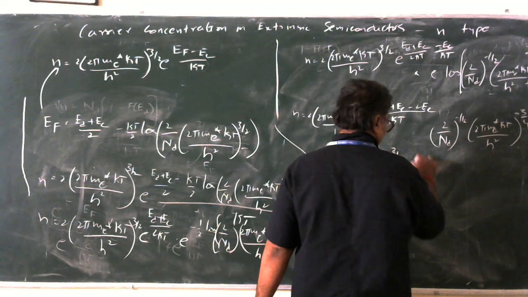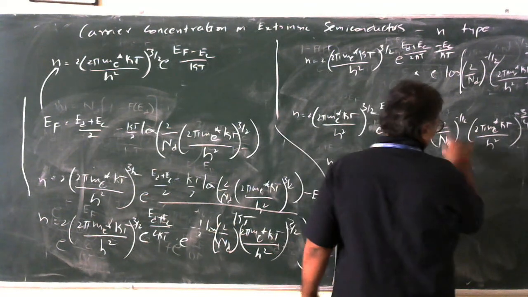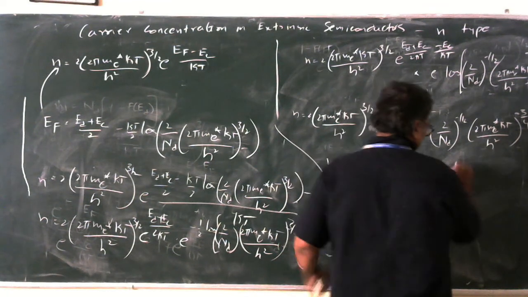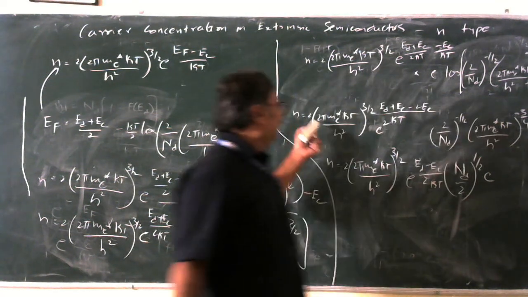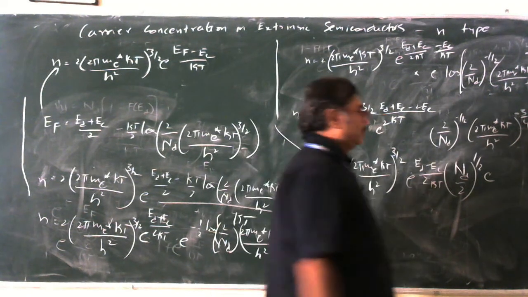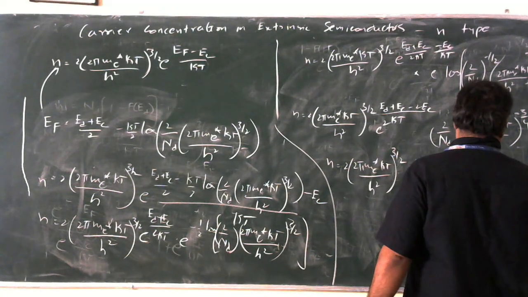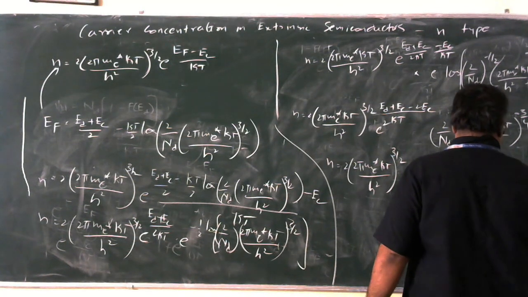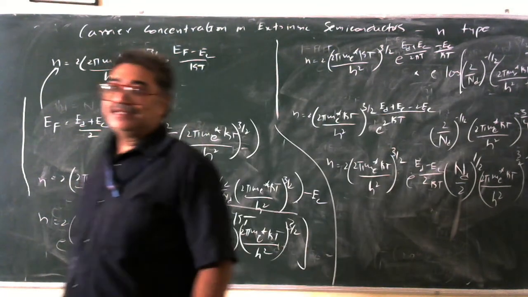So this becomes exponential of (Ed − Ec)/2kT into (2/N_d)^(−1/2), it becomes (N_d/2)^(1/2). Then here you have (2πm_e*kT/h²)^(3/2) and (2πm_e*kT/h²)^(−3/4), so the power is 3/2 minus 3/4, which is always 3/4.